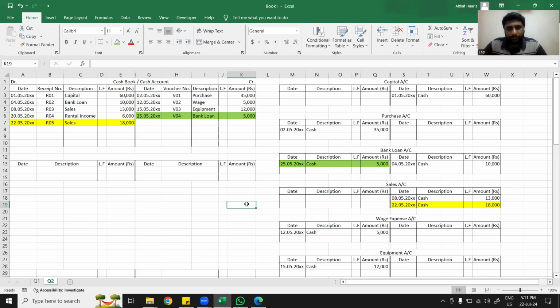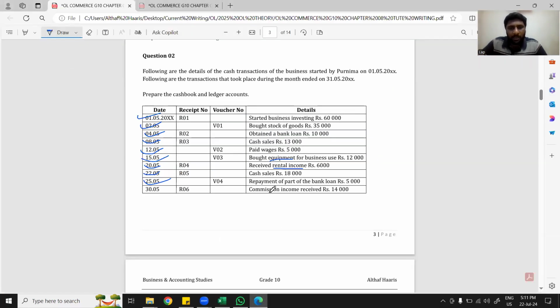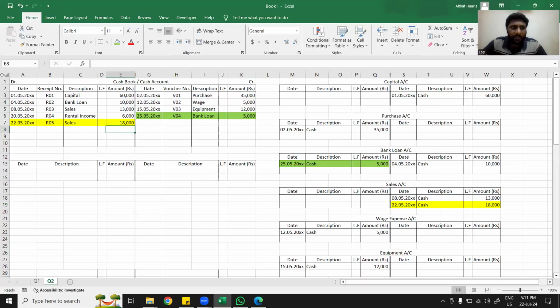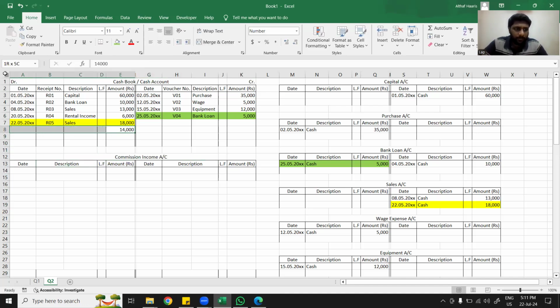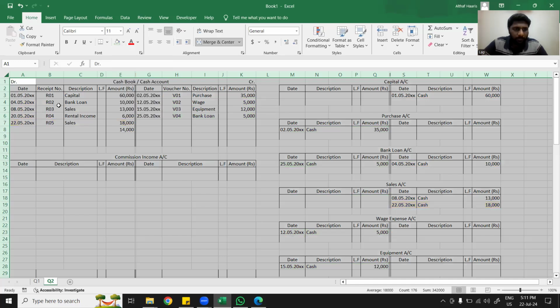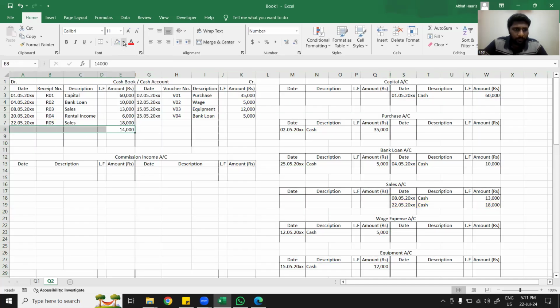Next one. Commission income received. Income received, money receiving 14,000. Commission income account, debit 14,000. Here credit 14,000.